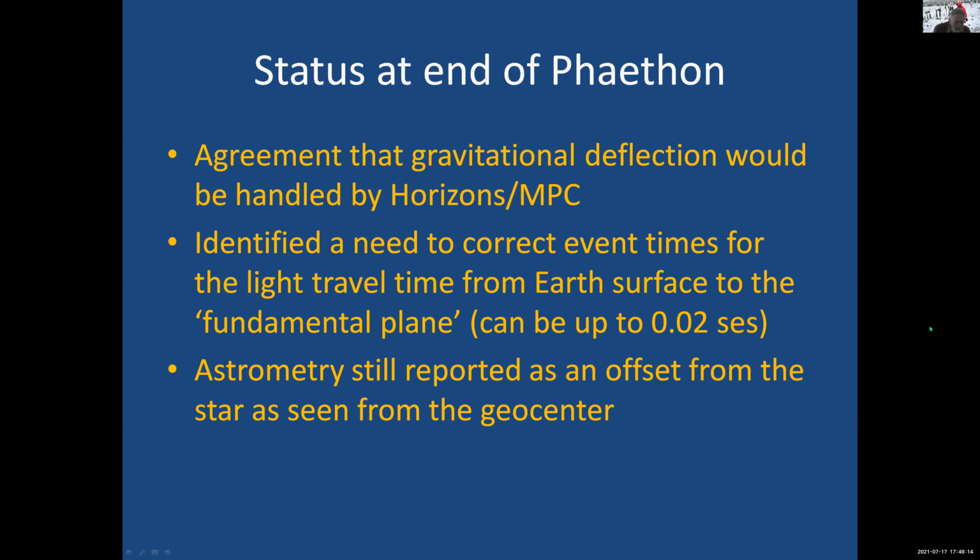Now, that correction can be small. Maximum is about 0.02 seconds. But again, at the level of precision that we're dealing with, the light time going across the Earth's radius has become significant. But at that stage, our astrometry was still being reported as an offset from the star, as seen from the geocenter.